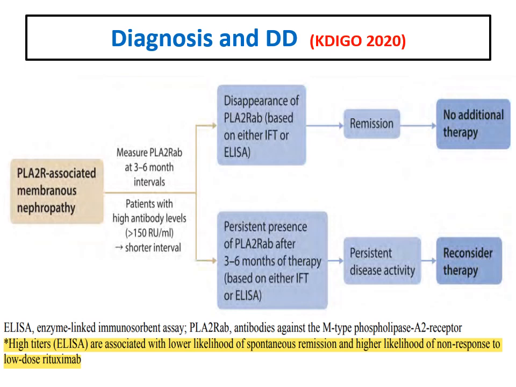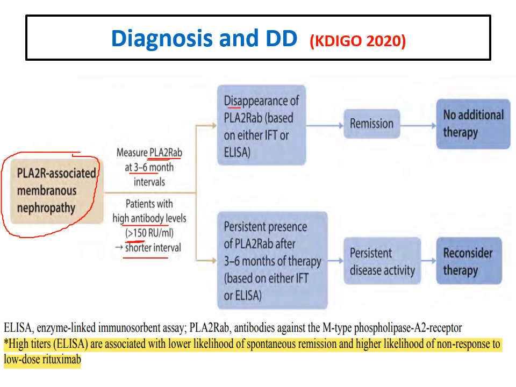A suggested algorithm for using a phospholipase A2 receptor assay in the management of membranous is shown here. In cases of positive serology with phospholipase A2 receptor associated membranous, we should measure the antibodies at 3 to 6 month intervals. In patients with very high levels, more than 150, we might measure the antibody at a shorter interval, less than 3 months.